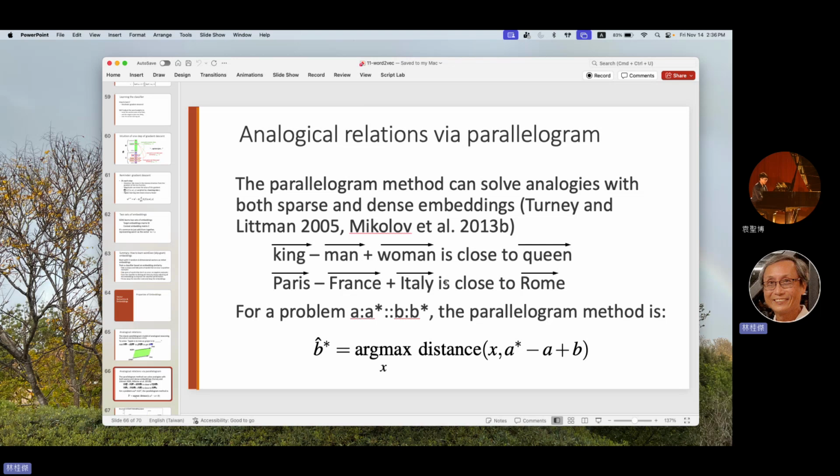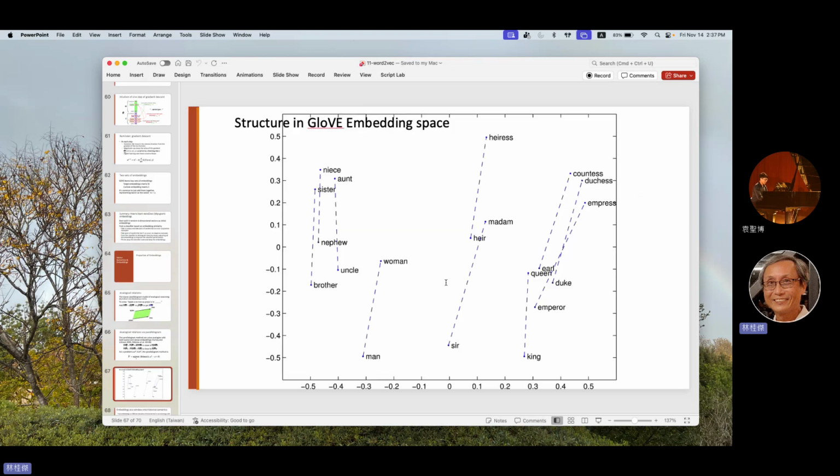The same thing when you have Paris and France, the difference between Rome and Italy is going to be something similar. Which means word2vec is able to capture some conceptual relationships, like king and queen, just like man and woman, France and Italy, just like Paris to Rome. And people have done more study, and here are some of the examples they have found.